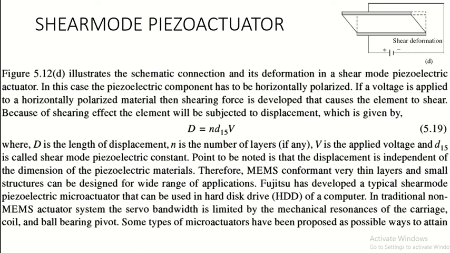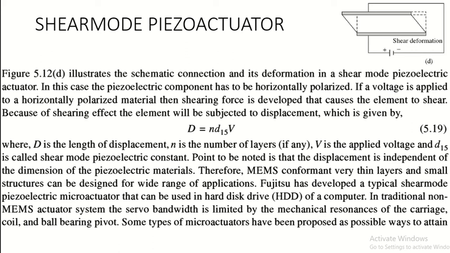In a traditional non-MEMS actuator system, the servo bandwidth is limited by the mechanical resonance of the carriage, coil, and ball bearing pivot. That means the amount of deflection created with the help of the applied voltage is limited by the mechanical resonance of the carriage, coil, and ball bearing pivot, that is, how much the other mechanical components will allow the piezoelectric material to move.